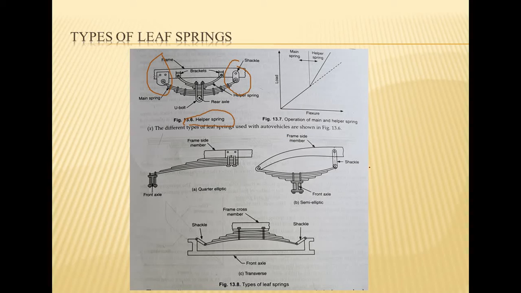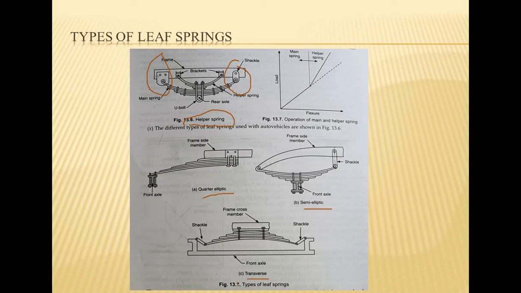Then some of the different leaf springs used with auto vehicles are shown: quarter elliptic, semi-elliptic and transverse. Generally the quarter elliptic spring was used in some earlier models of auto vehicles but now has been replaced by the semi-elliptic type.